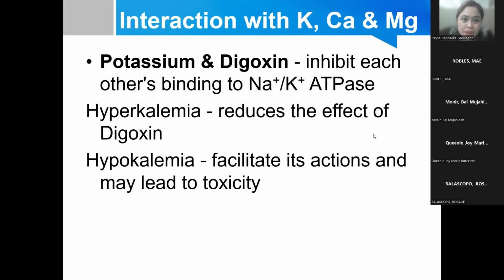Let's start first with potassium and digoxin. Remember, the mechanism of action of our digoxin is the inhibition of the sodium-potassium ATPase. Our goal here is for the sodium and the potassium not to exchange via that pump, para lumipat si sodium doon kay calcium.